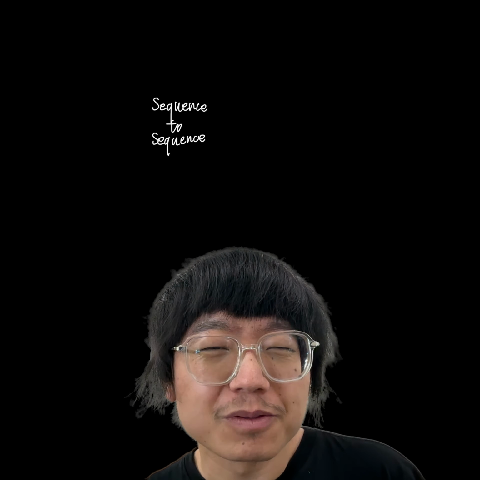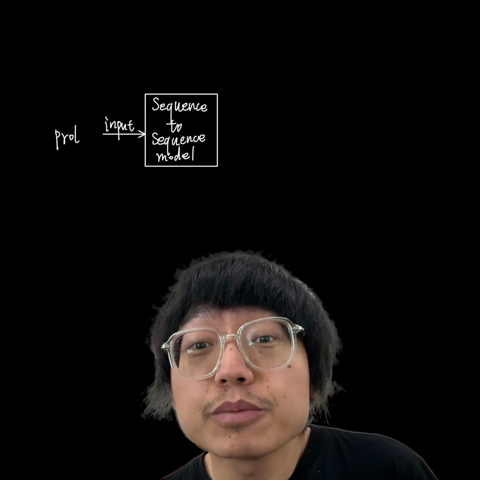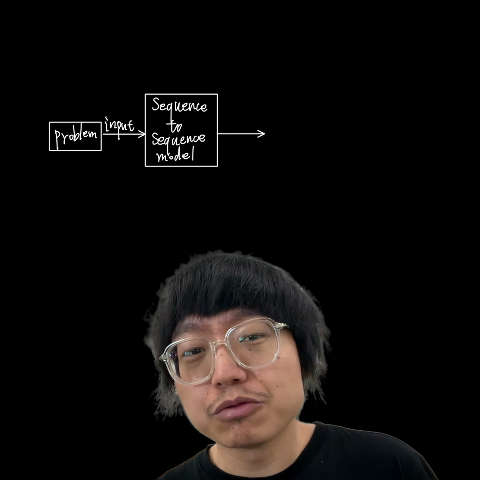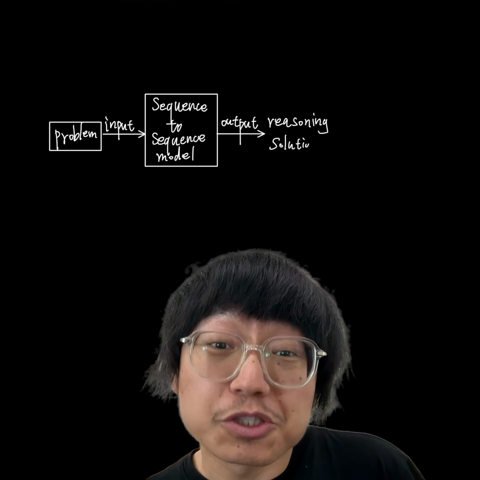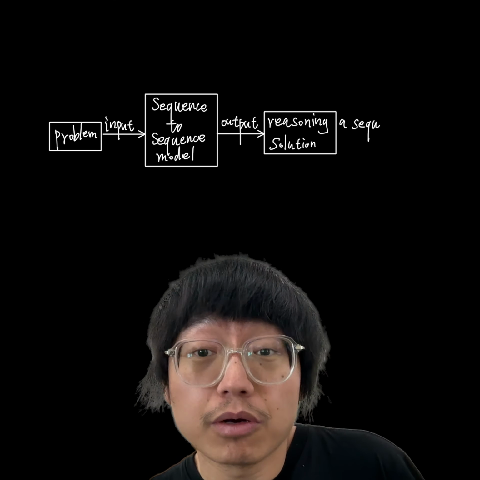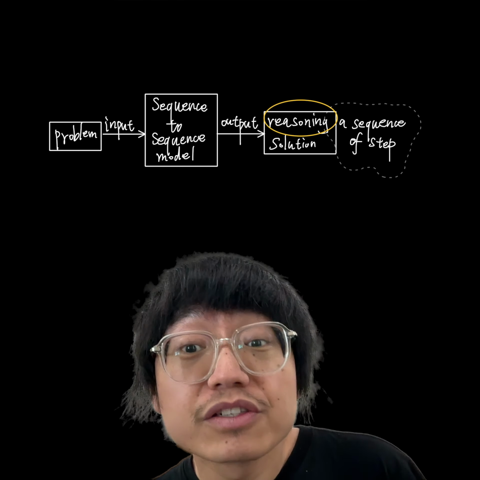The model they used is a sequence-to-sequence model, meaning it processes the input, the problem, and generates the output, which is the reasoning and solution, as a sequence of steps. It is trained on many such problems, so it learns the structure of how to reason through them.